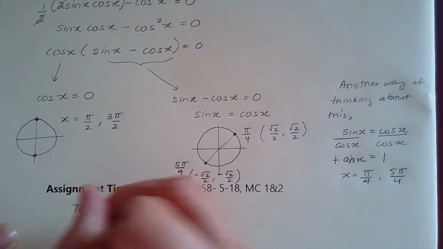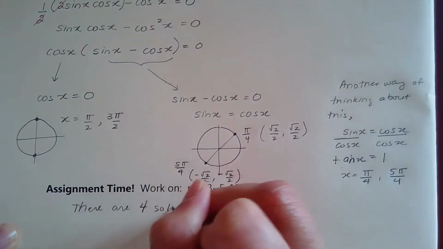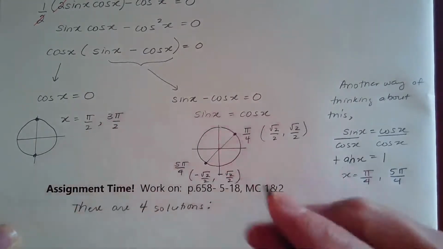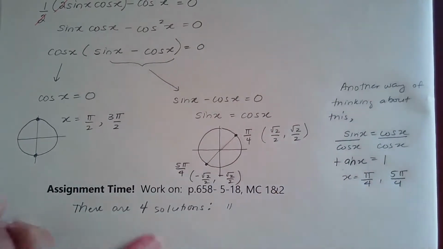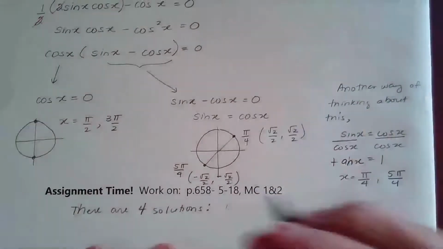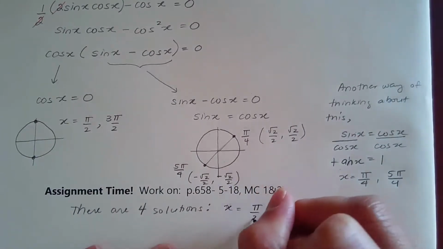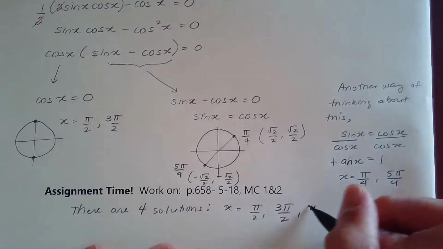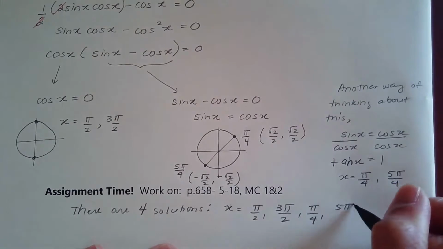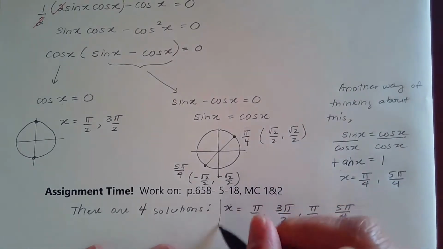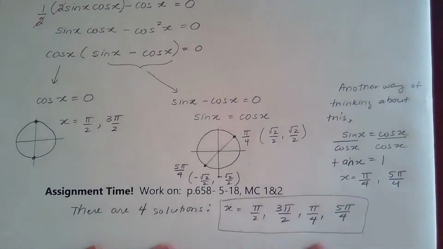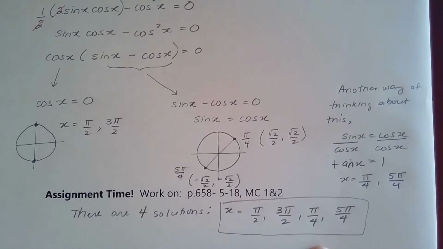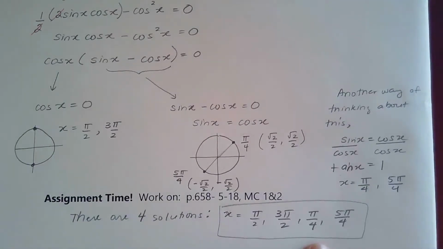The first solutions are pi by 2 and 3 pi by 2, so x equals pi by 2 and 3 pi by 2, and pi by 4 and 5 pi by 4. And that's it. Those are the only solutions within the domain of 0 to 2 pi. So there you go.